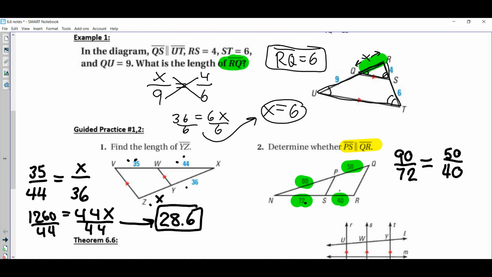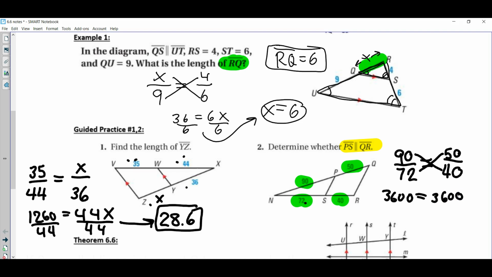I can either take the cross products of this or I can divide them separately. I'm going to do the cross product. So 90 times 40 is going to be 3,600. And then when I do 72 times 50, I also end up with 3,600.